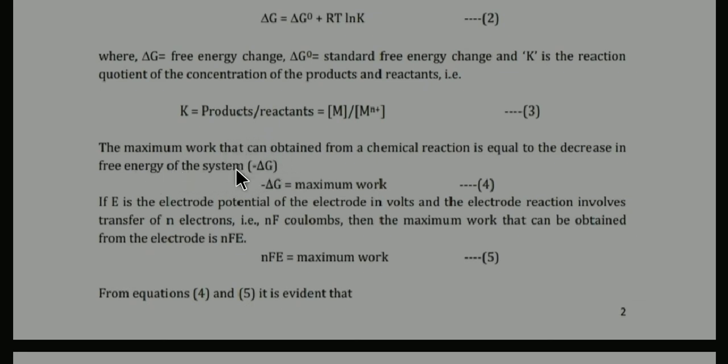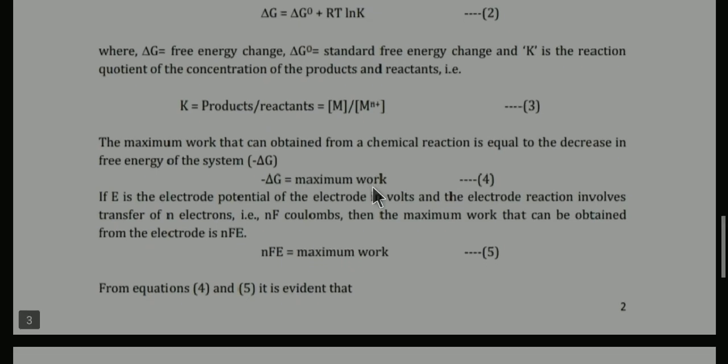Suppose you have some amount of energy like 200 kilojoules, and if that energy is decreasing, it means somewhere you are doing work. If you are losing some energy, that indicates you are doing work. That is equation 4. For the decrease in energy I have taken minus, so minus delta G equal to the maximum work done.